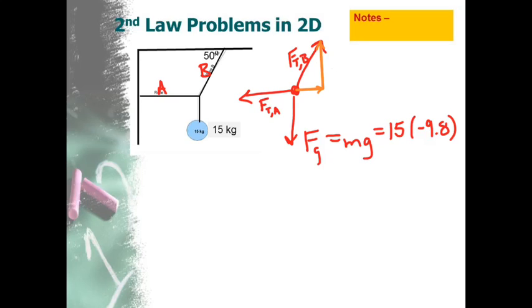We have a right triangle. There's our right angle. We know that this angle is 50 degrees. So if I want this angle down here, what does that have to be? Well, that also has to be 50 degrees because we have two parallel lines.